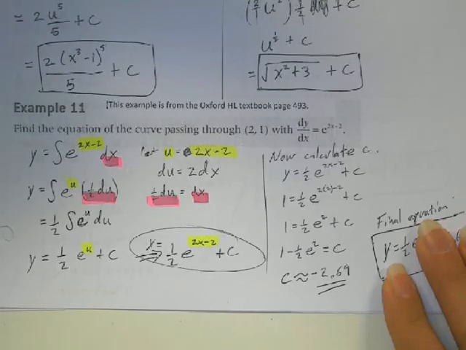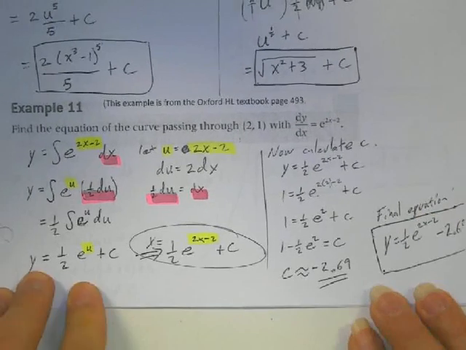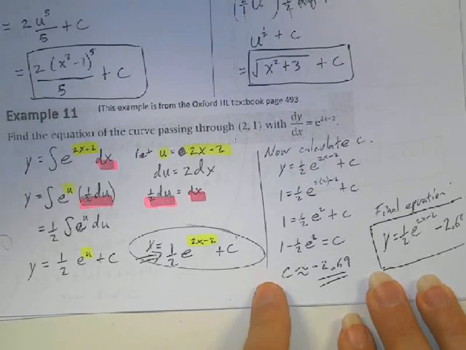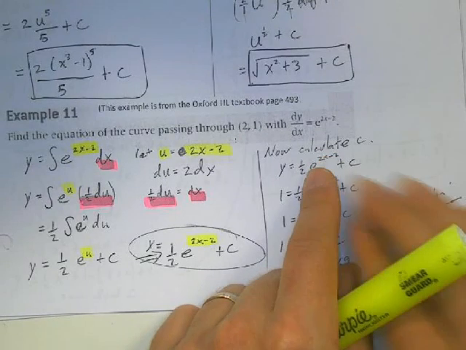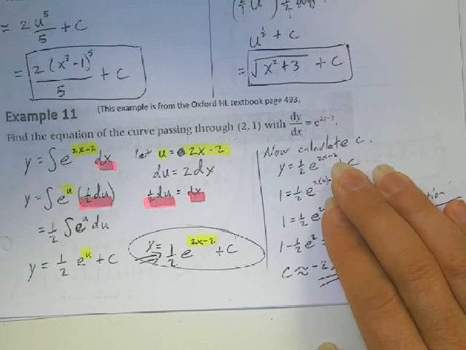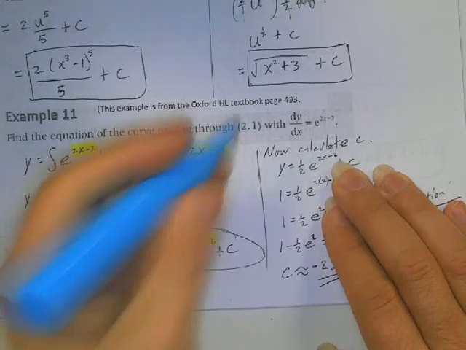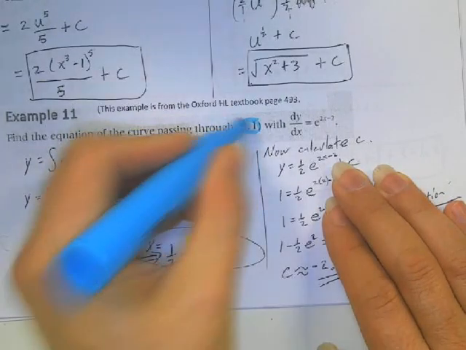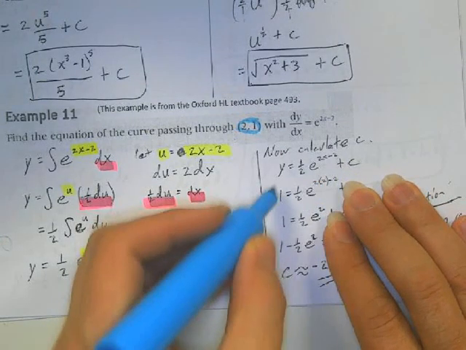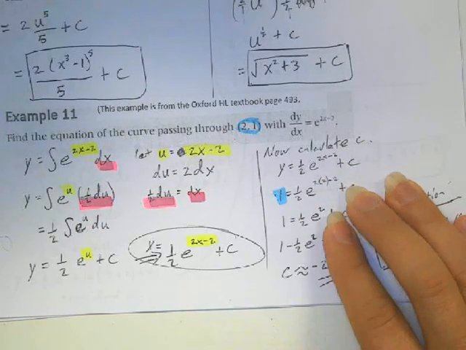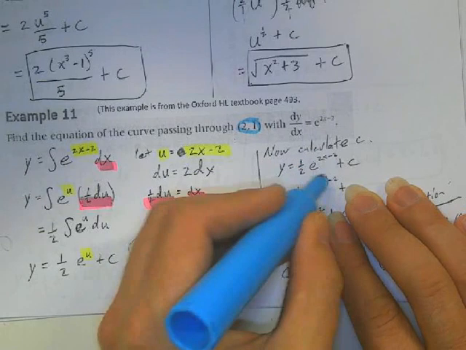Now, we want to find c. Okay, we need to calculate c, and they've told you that when x is 2, y is equal to 1. So what I'm going to do is I'm going to replace y with 1, and I'm going to replace x with 2.